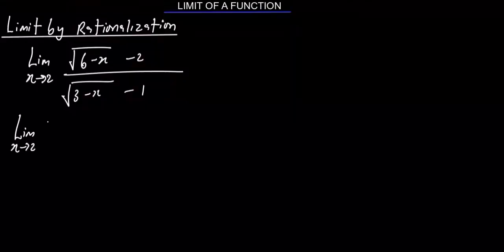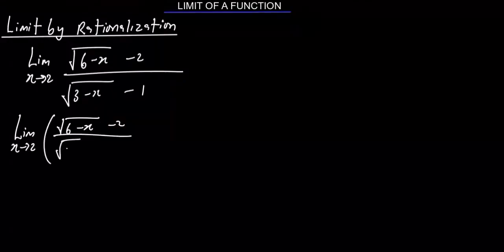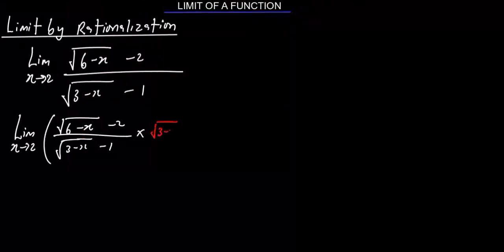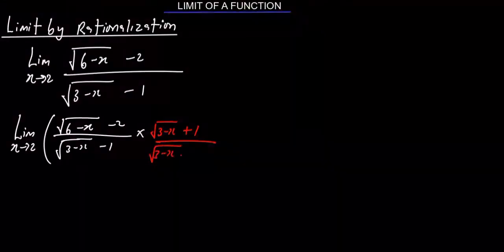This will give me square root of 6 minus x minus 2 over square root of 3 minus x minus 1. Then this I'll multiply by both up and down. So this one I'll rationalize the denominator. I'll also rationalize the numerator. So I can do any one first. So I have square root of 3 minus x plus 1 over square root of 3 minus x plus 1.